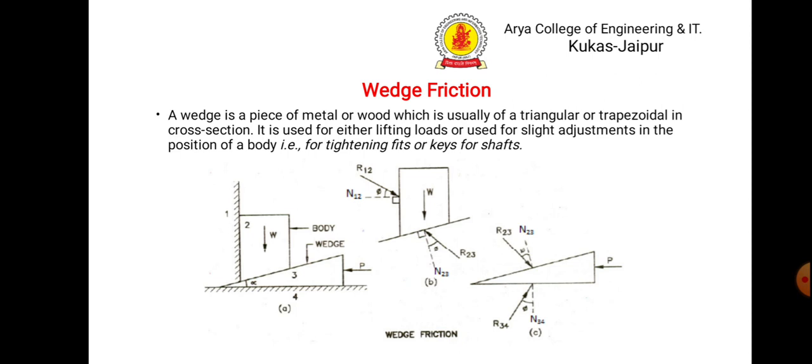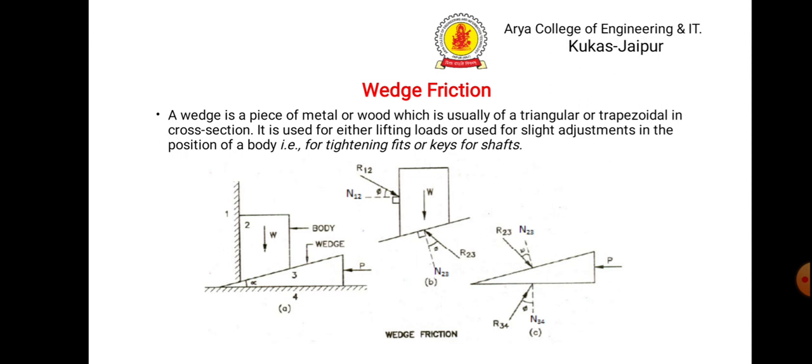Now if the angle is alpha, then N23 is nothing but the reaction perpendicular to the plane. As the body W is moving with respect to body 3 in the upward direction, the friction force will be in the downward direction.